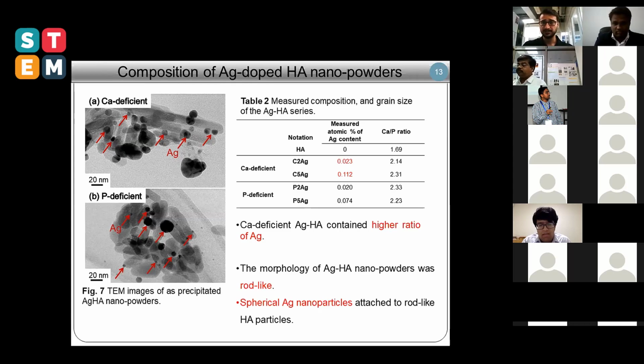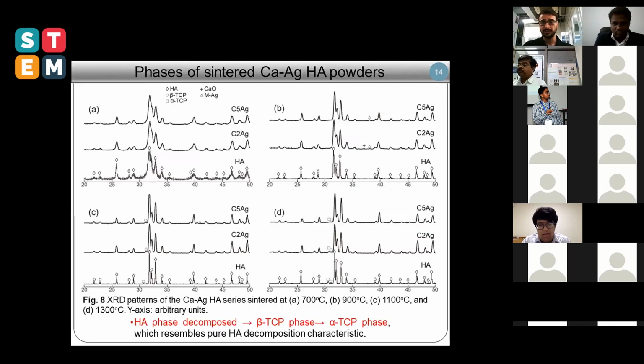So with increasing the temperature, as you can see here, we didn't get a metallic silver peak, but instead, with increasing silver and temperature, we could observe decomposition of hydroxyapatite with the foreign ion incorporation.